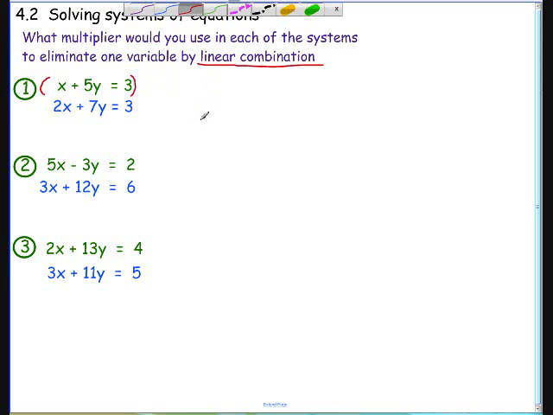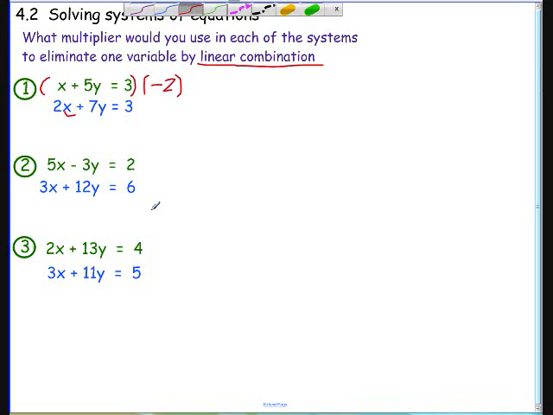How do we know if we had a good idea? When we combine these, when we add them together, do we eliminate a variable? If the answer is yes, that was a good multiplier. In my case here, my answer would be multiply this by -2. In this way, I can eliminate my x.